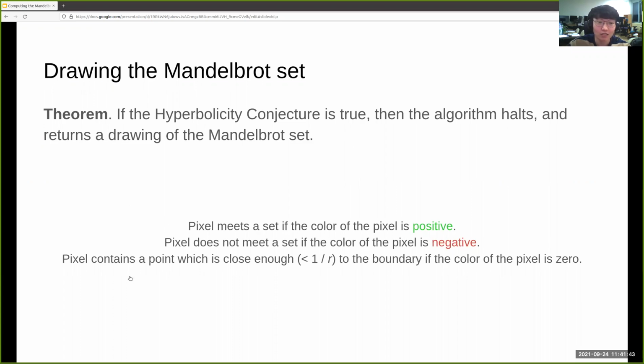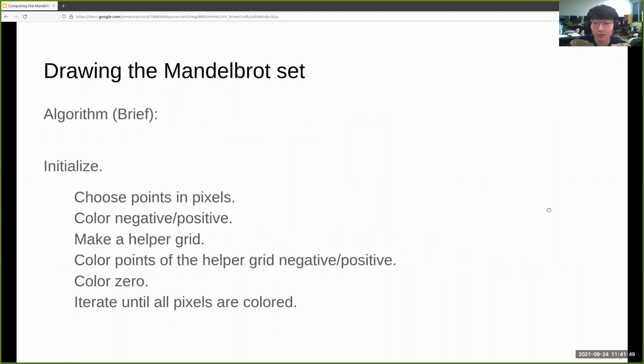Well, yes. Now let's look at the brief of the algorithm. First, we're going to initialize, then choose the points in the pixels and color the pixels negative or positive. And I'm going to make a helper grid, then color the grid negative or positive.